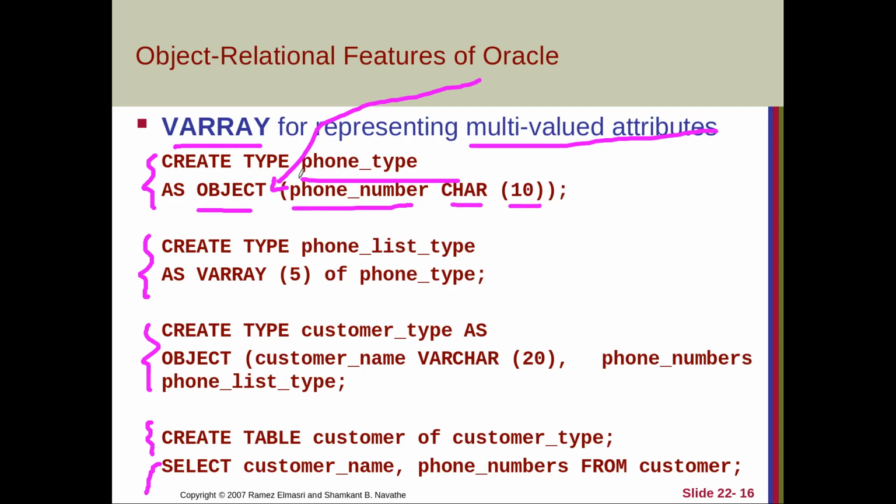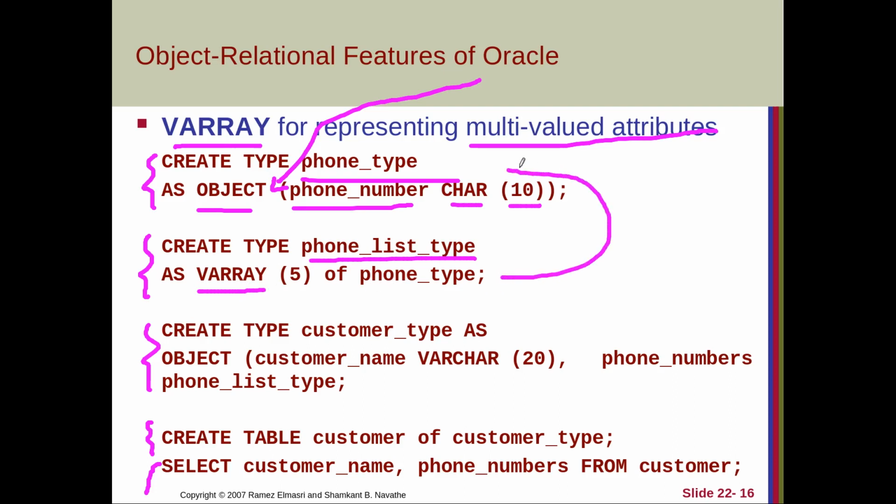So create type font type. I am creating a new font type with font number of 10 characters. So it is clear, one new type is being created. Now I will be creating another type, create type font list type as V-array of 5. So I am going to create a new type which is a V-array of 5, means it is an array of 5 elements of font type.